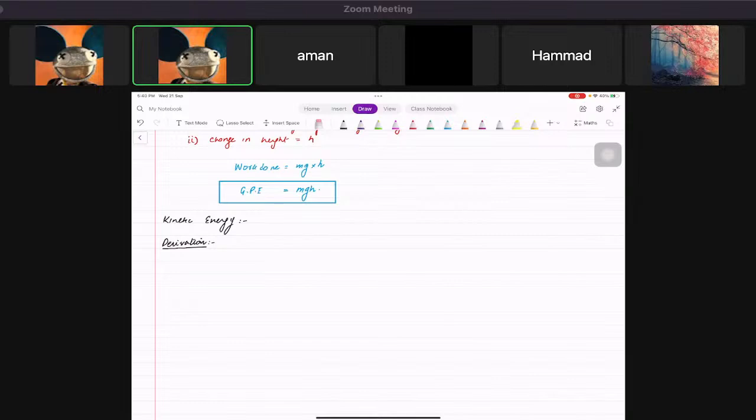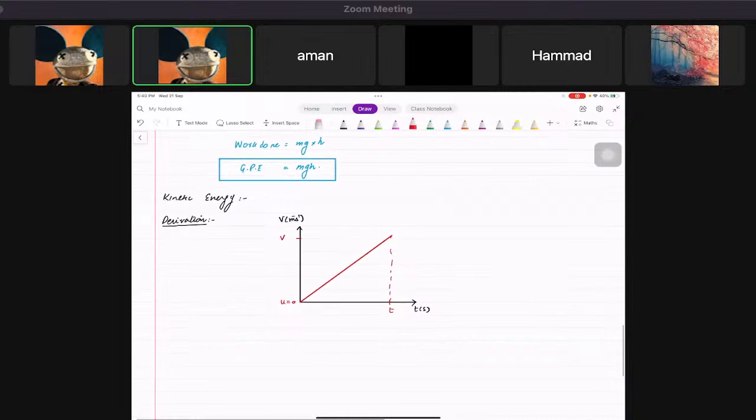Suppose we have a velocity time graph, and time in seconds, and like this. So initial velocity is 0, final velocity is v, and it moves to final velocity in time t. So now let's check it out.